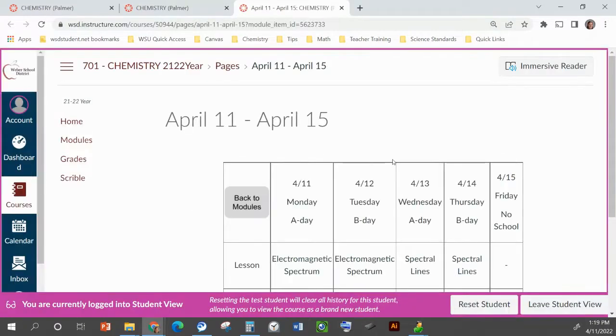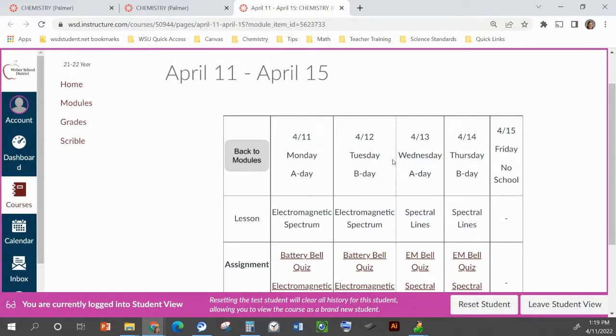Today in Chemistry, we're going to do a jigsaw. How many of you have done a jigsaw assignment? Listen carefully so that you know what we're going to do. There's a long assignment split into 3 assignments. You're going to be in a group, and as a group, you're going to complete 1/3 of the assignment.